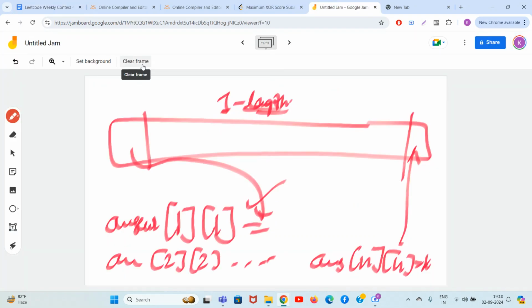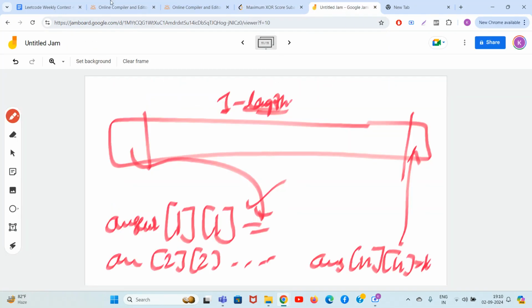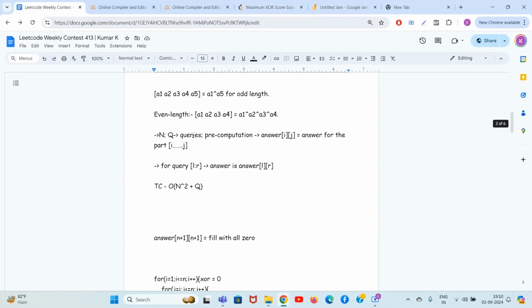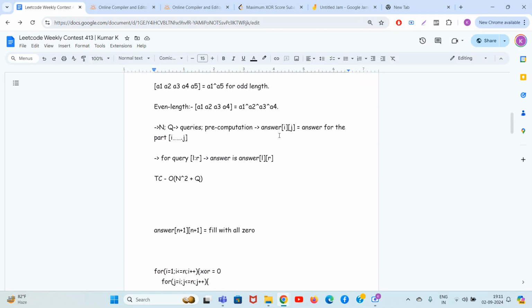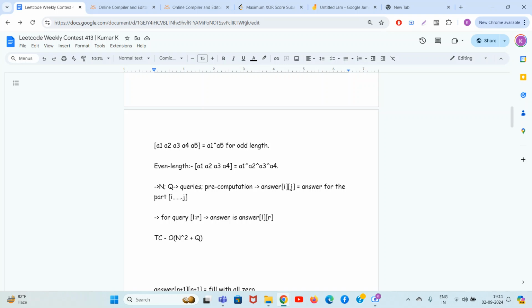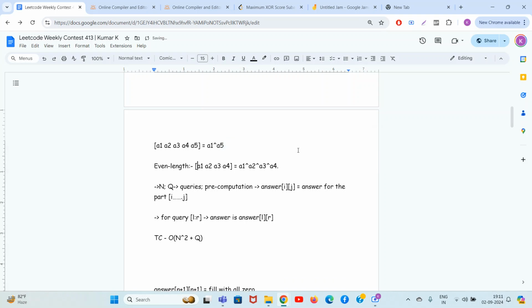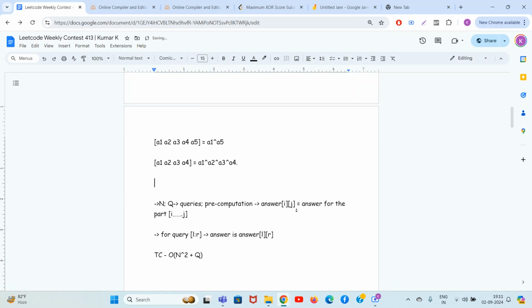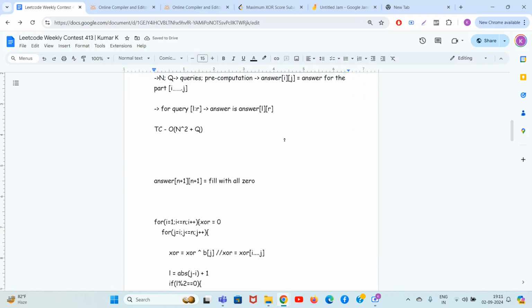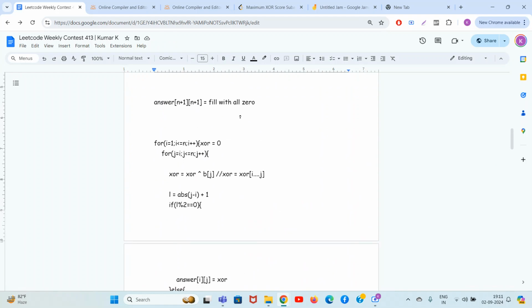Once we have calculated all the length one subarrays, you can see the code here also.